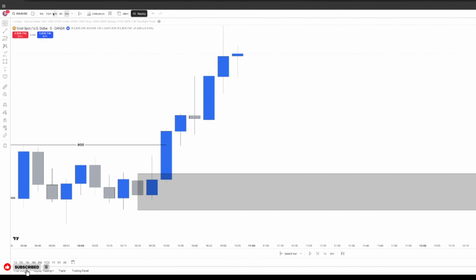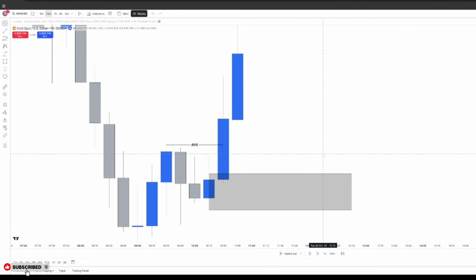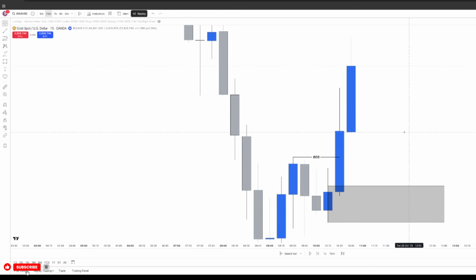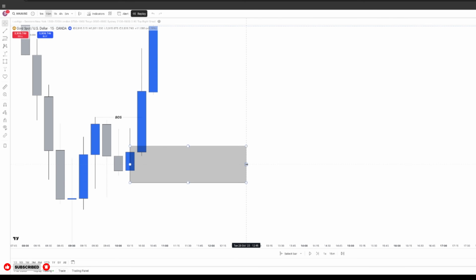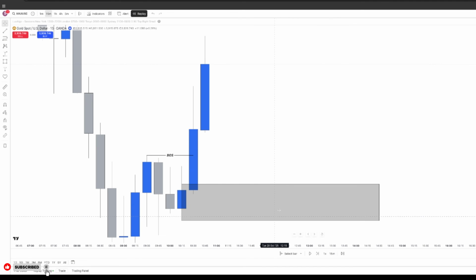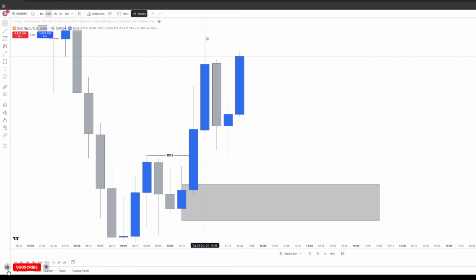Now we go back to 15 minutes and then we check our zone. So this is how our zone looks like. So we minimize the risk. First of all, that's the first thing that we have done, and we are maximizing the profit. So we are waiting for the market to come here in our buy zone, then we take our trade. Now this is what is going to happen, which means this is our recent high.